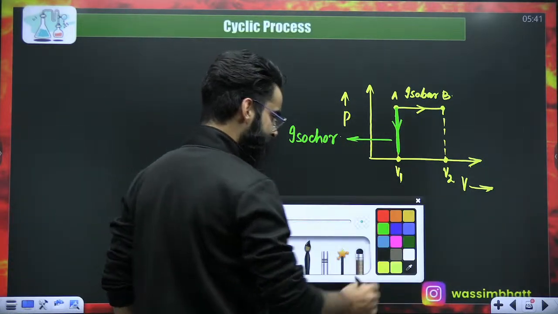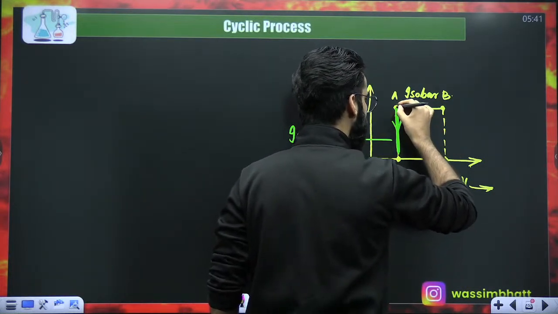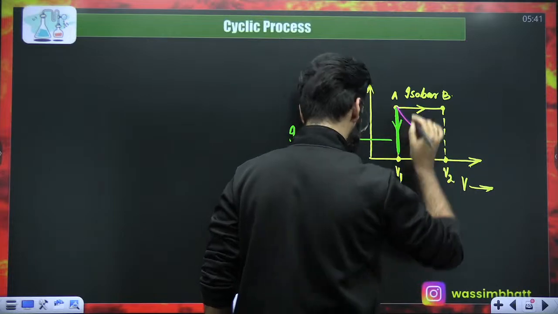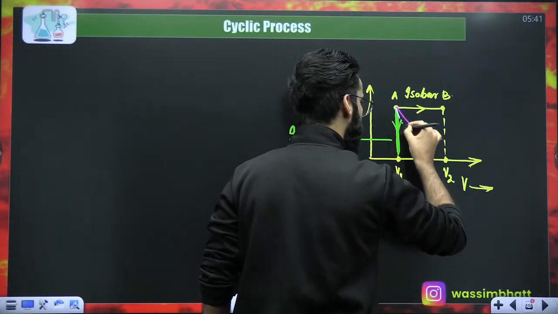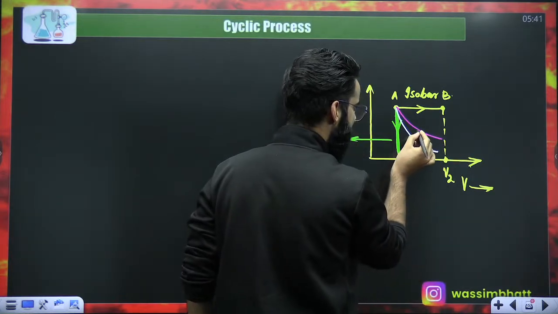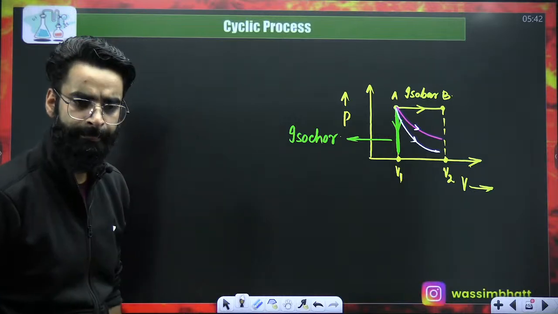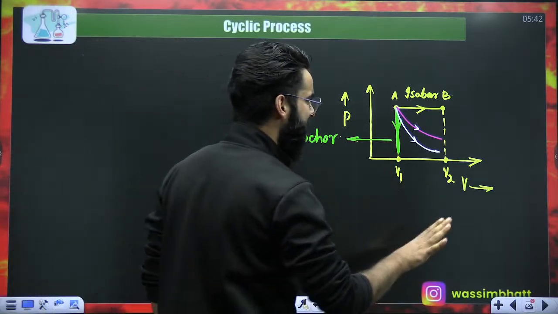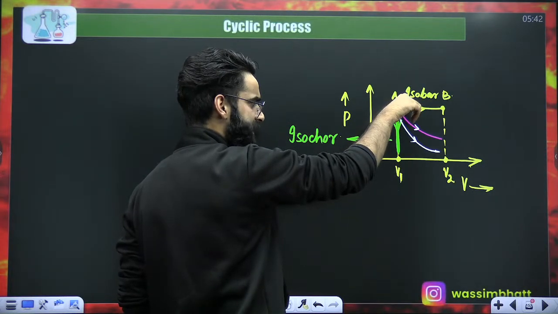At the same time, my dear students, if I draw two curves like this, one hyperbola and one more hyperbola, I have drawn two hyperbolas over here. If you remember, I had told you in the last session, place your thumb at the common point and curl your fingers in the clockwise direction.